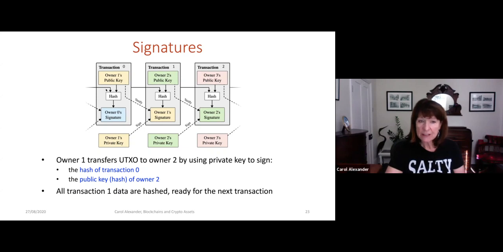This previous transaction where owner 1 bought the UTXO and the hash and the previous owner's signature is all hashed together. And that then goes into a hash that is hashed with owner 2's public key and owner 1's signature. And this is all passed on like that.